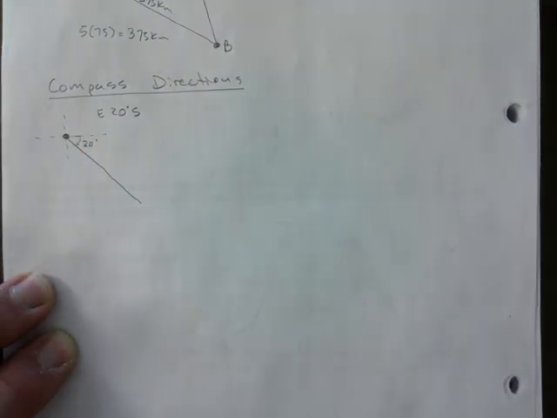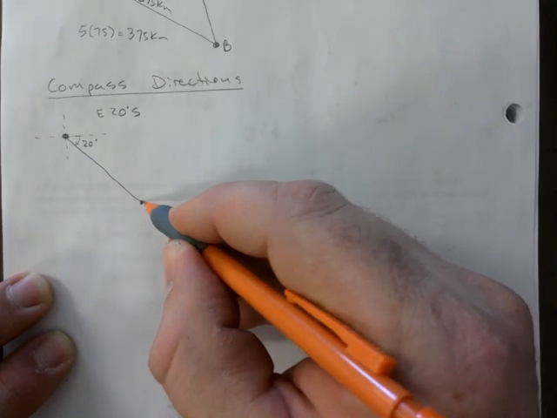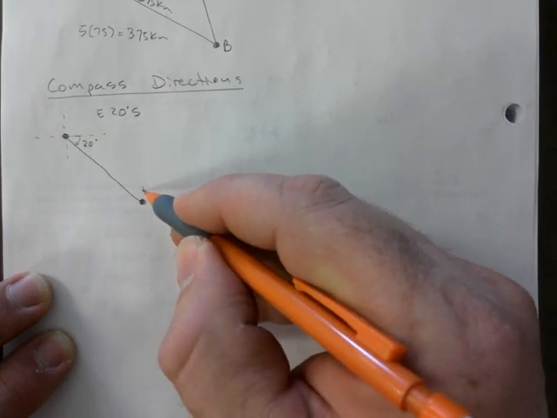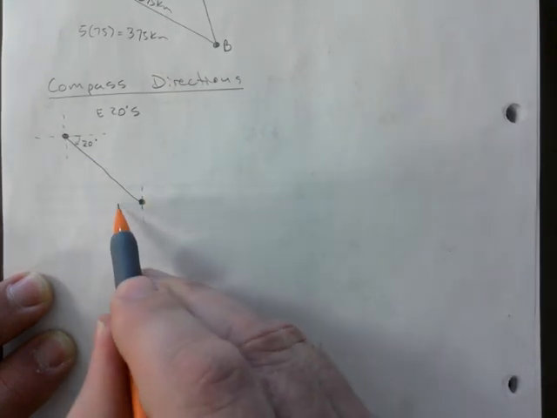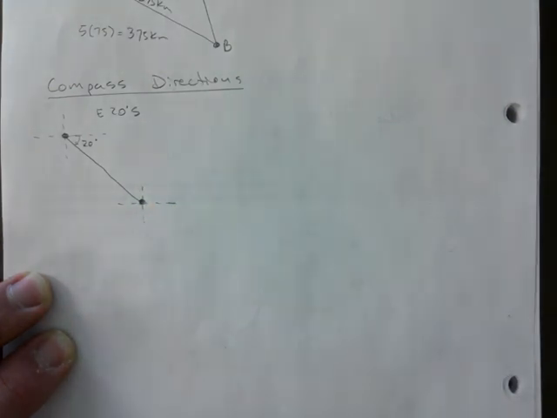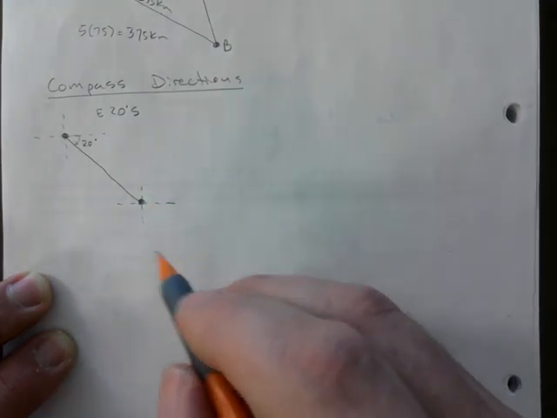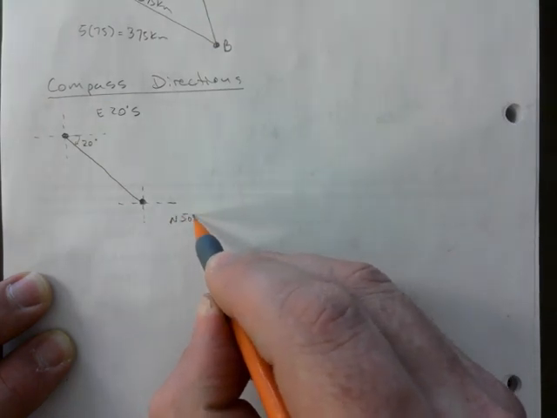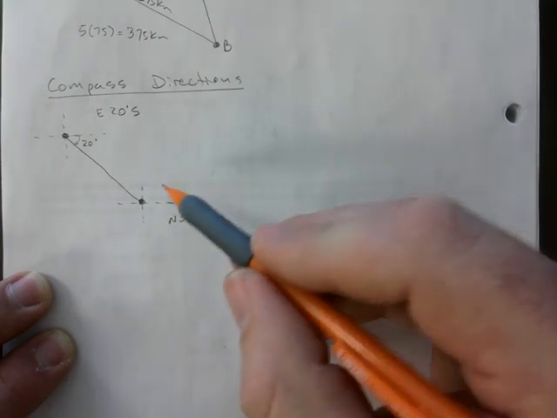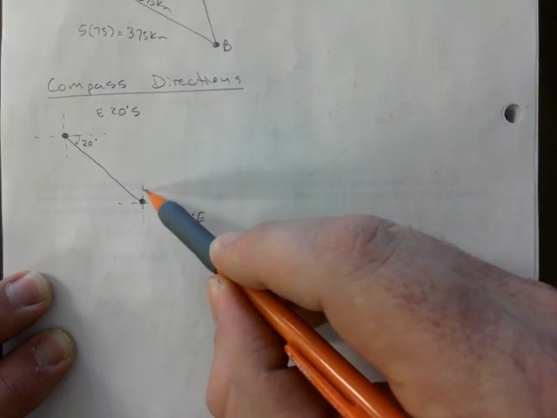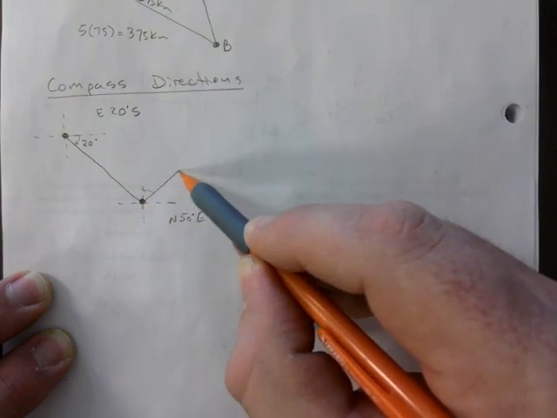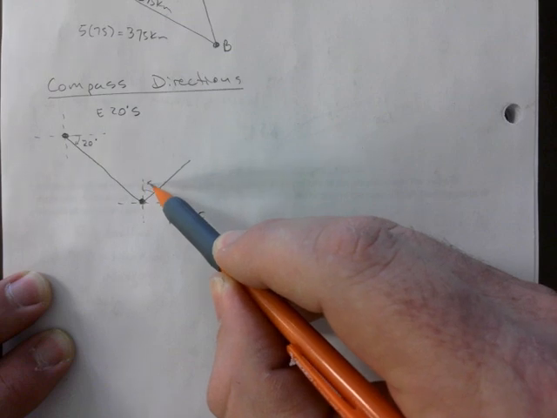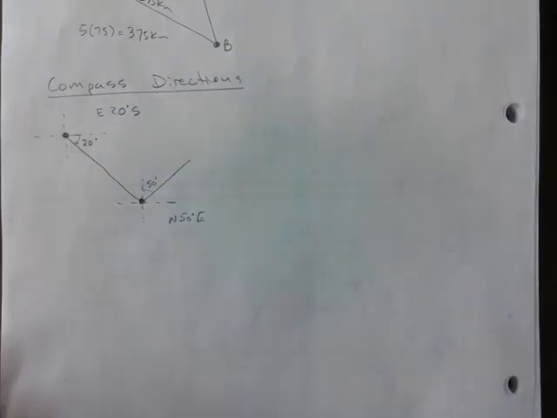Okay, so you go there, and then you turn or you pick something up, and you're given another compass direction, and this time it's going to be north 50 degrees east. North 50 degrees east, so you're going this way. I know I sound like a broken record.